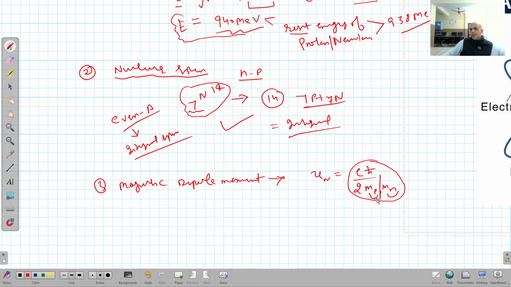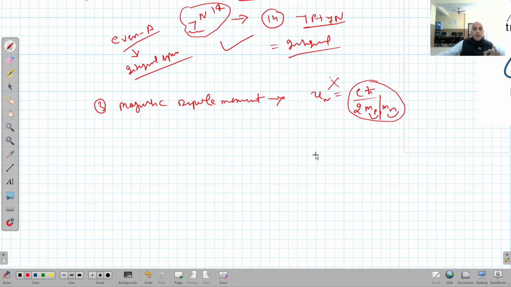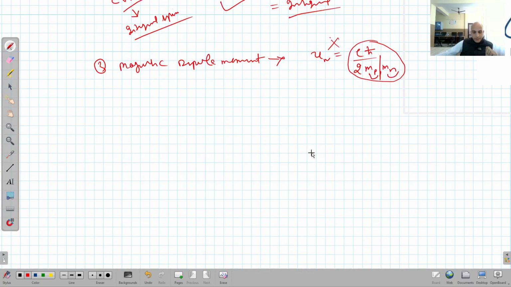Now this objection is removed because we have either neutron or proton inside the nucleus, both having nearly the same mass. It means the magnetic dipole moment will now be of the order of nuclear Bohr magnetons, right? So this objection is also dropped, and now we are going to accept the proton neutron theory.